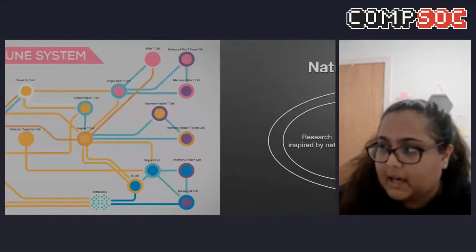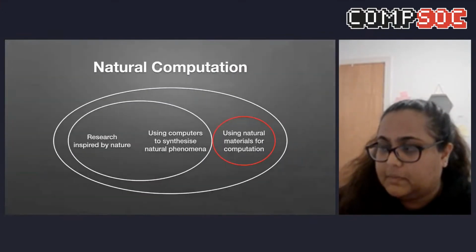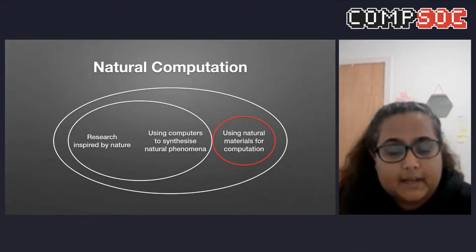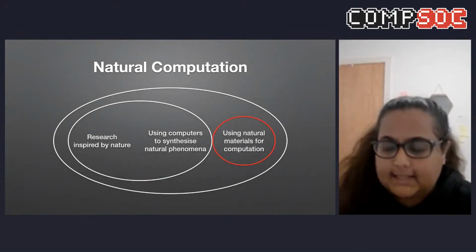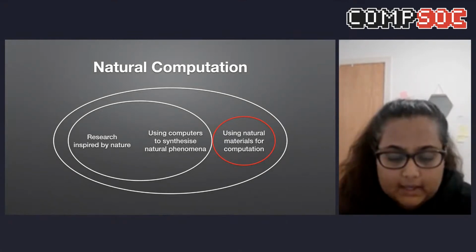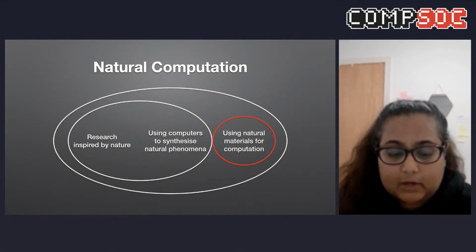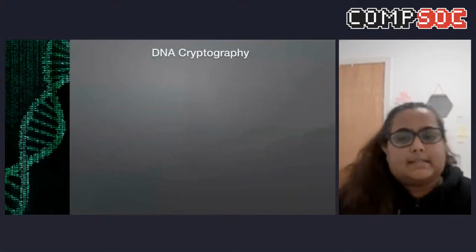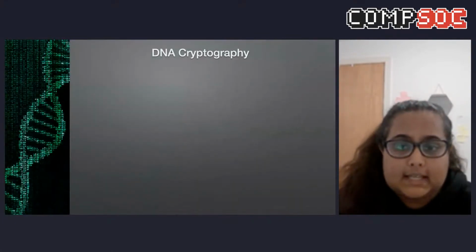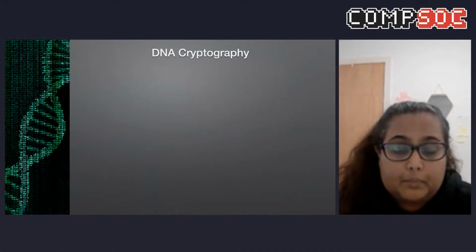But now stepping out of bio-inspired computing and looking at the final research method, the example I'm going to focus on here is DNA cryptography. So there's been plenty of research done into actually using DNA to compute complex problems.